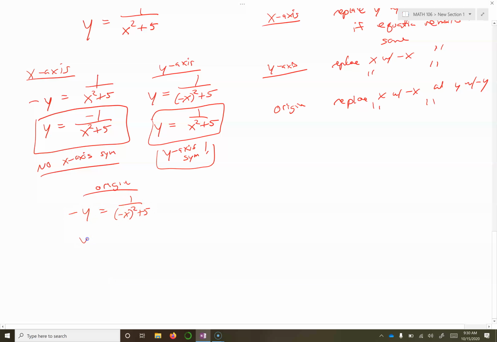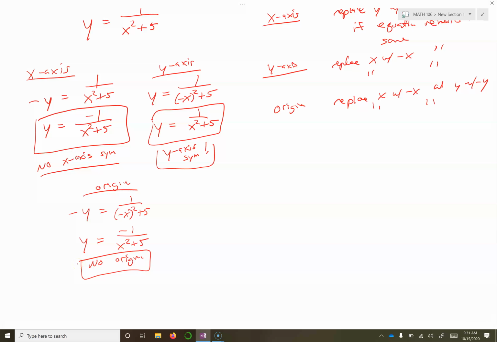So we have y equals negative 1 over x squared plus 5. Is that the same? It's not, so no origin symmetry. Okay. So that's our way of testing whether functions have different types of symmetry.